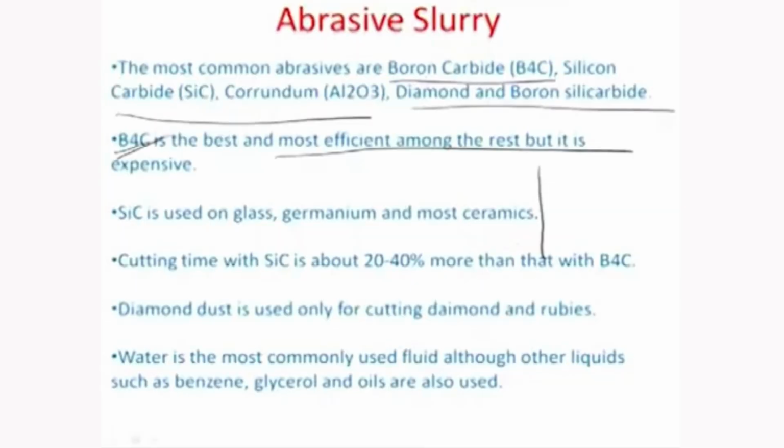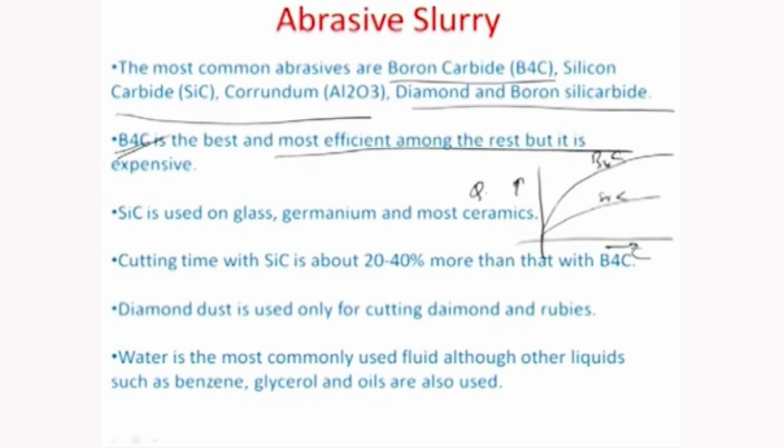You saw earlier that in comparison to normal silicon carbide, boron carbide has a higher material removal rate with respect to concentration. And the average roughness will be more, so that there is more cutting action. So this is B4C, this is SiC.